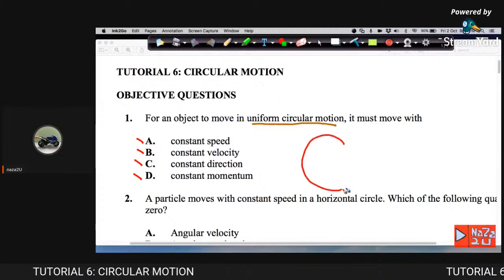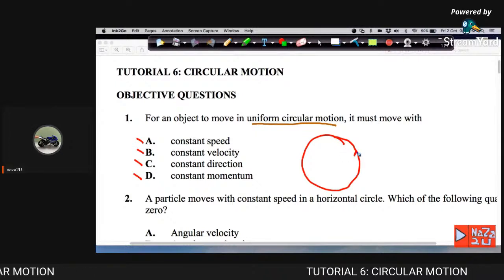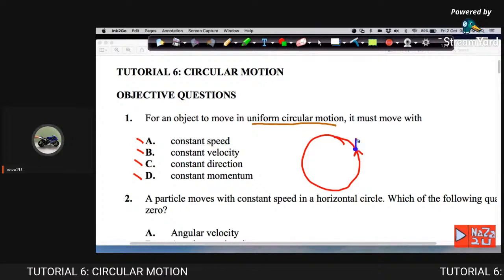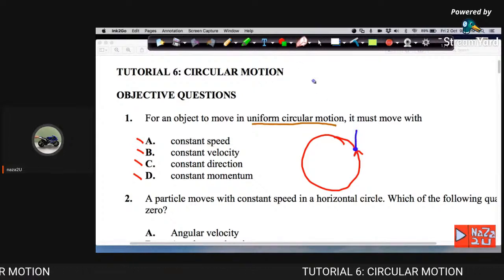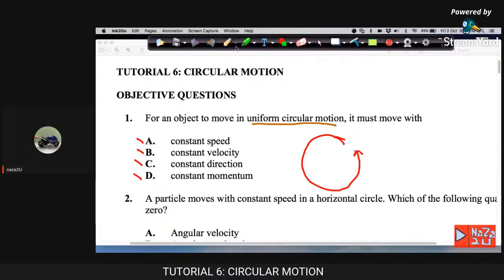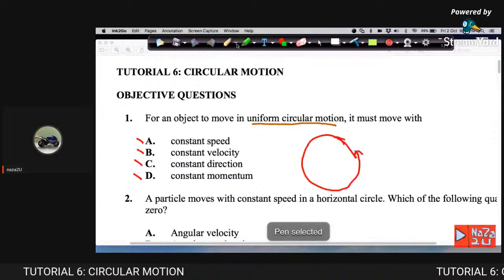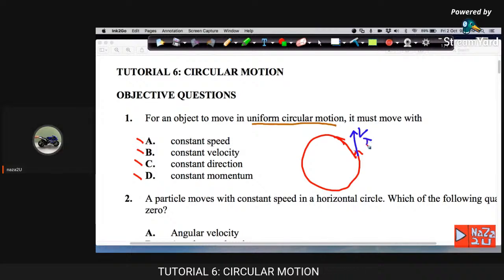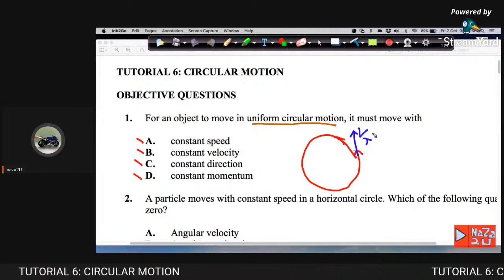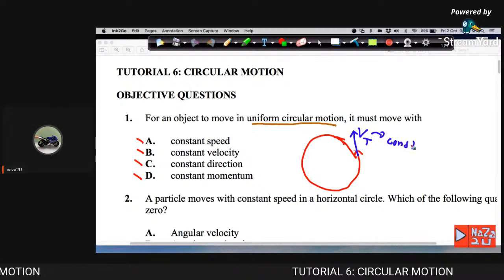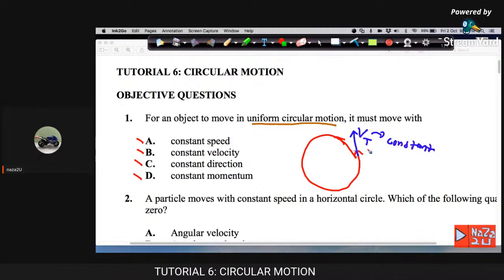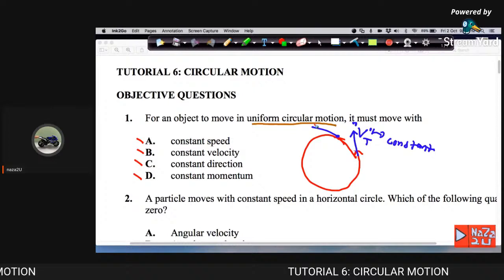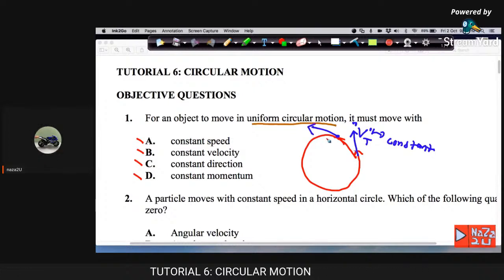We have already discussed, if you have the object moving in the circular path, you must have the speed, right? The direction of the speed here is always tangent, right? And we have the constant speed, but the direction of the speed always changes, depending on the position of the object, right?